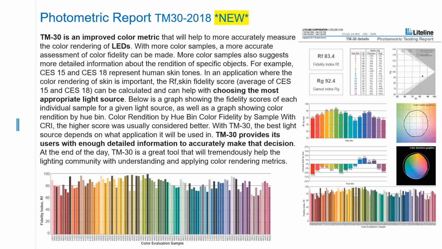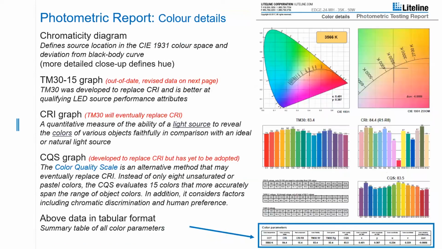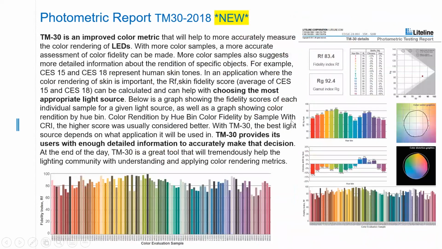And so if you look at the data from the previous slide on TM30, which was just covering 16 different hues, when we go to TM30 2018, we've expanded that to 99 different colors or hues.